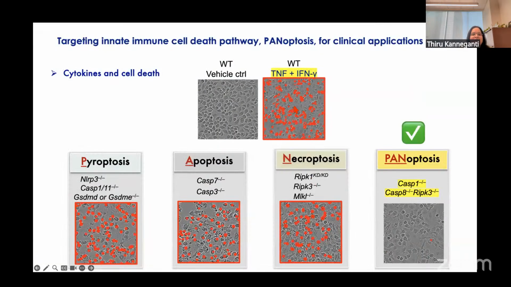And obviously, it's not pyroptosis because none of the pyroptotic molecules are involved. It's not apoptosis because it's lytic, and none of these caspases were involved. And it's not necroptosis because none of the molecules involved in the necroptotic pathway, MLKL and RIPK3, are involved. And again, the same triple KO that was providing protection in multiple diseases, the caspase 8, caspase 1 and RIPK3 deficiency, provided protection.